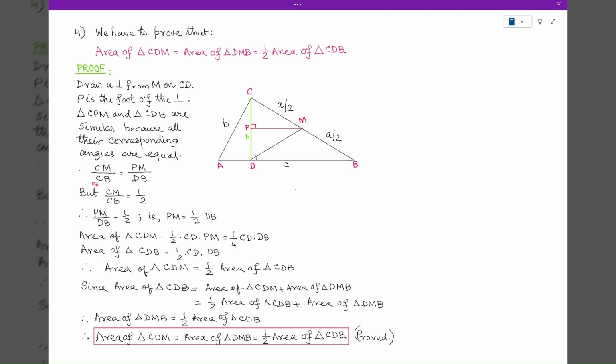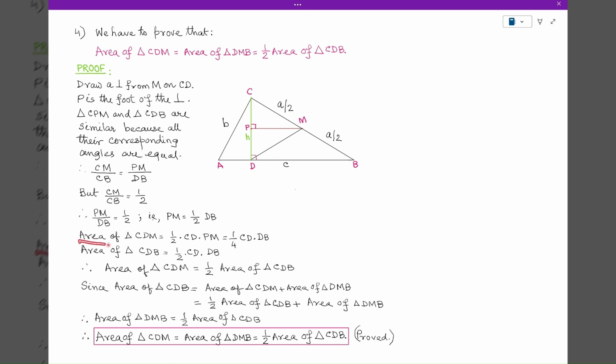So CM by CB is equal to PM by DB. But we know that length CM is equal to length MB, and both are equal to A by 2. Hence, CM by CB is equal to half. Because CM by CB is equal to half, we get PM by DB is also half, or PM is equal to half DB. That is, this is equal to half of this.